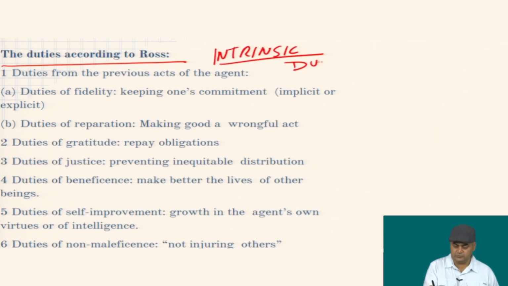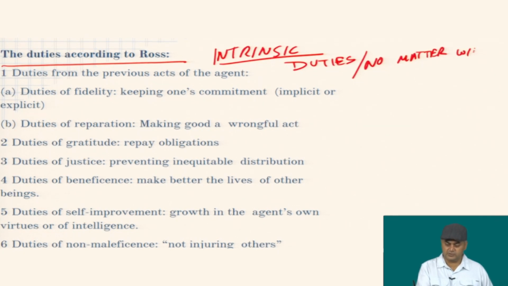These are duties to be done no matter what, right. So, the choice is not between doing this or not, but between choosing which duty over the other, calibrating. That is the only freedom or discretion that a human agent has.